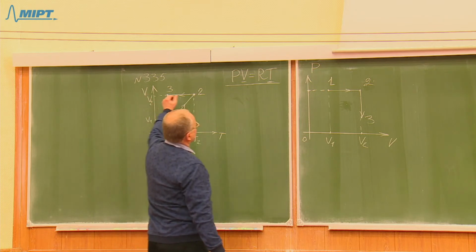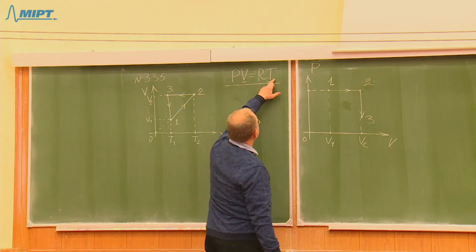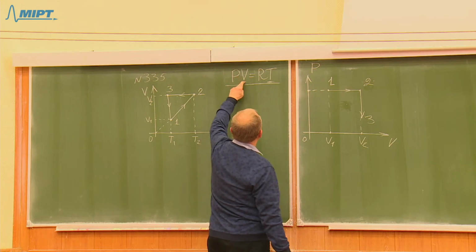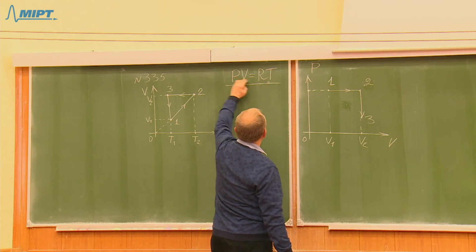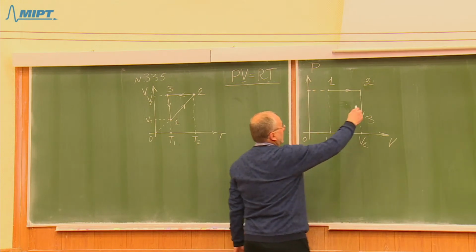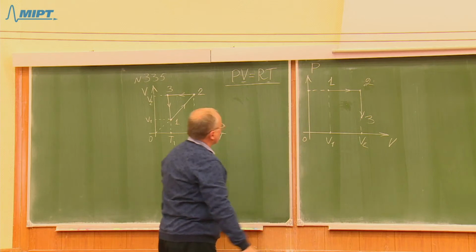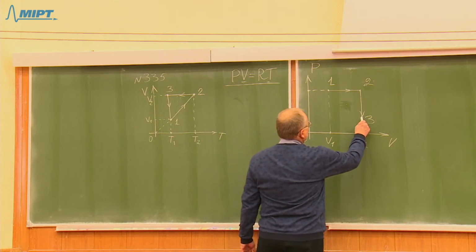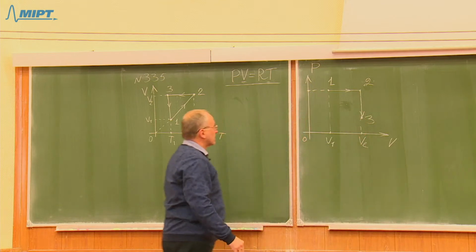Under constant volume, if temperature goes down, then pressure goes down. And we show this direction when pressure goes down, not up. The process 2 to 3 should be directed downward in this diagram.